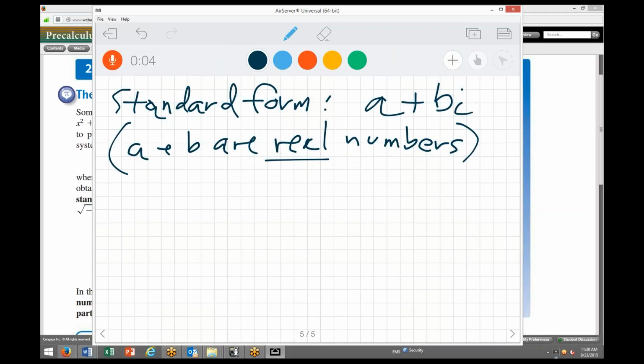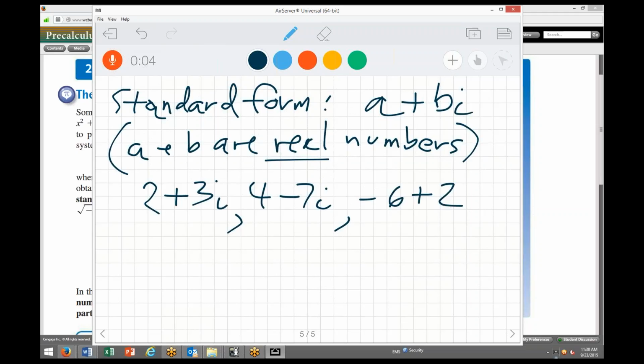So complex numbers can be, for instance, like 2 plus 3i, 4 minus 7i, -6 plus 2i. And we can then just have ones like 6i, which actually equals 0 plus 6i.